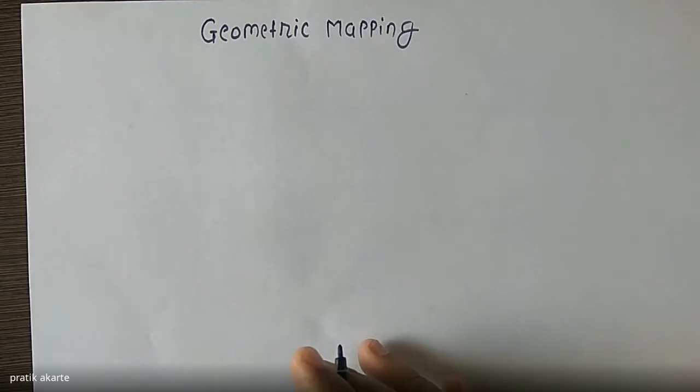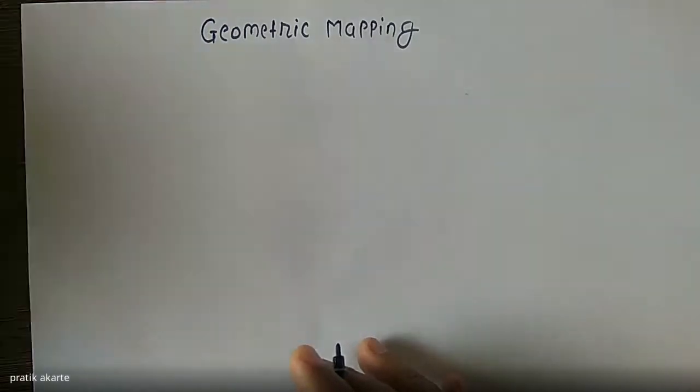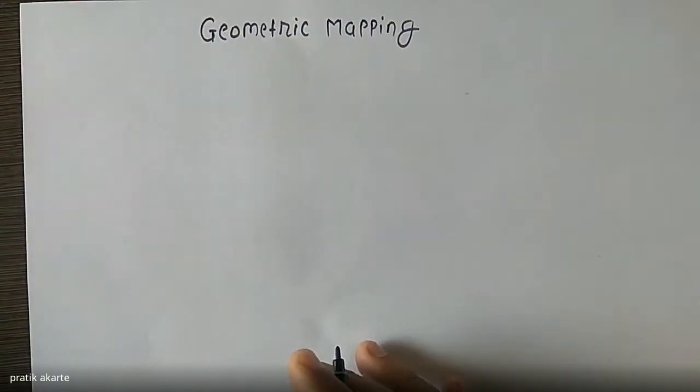Then we discussed various coordinate systems, basically three. First is the world coordinate system, or global or model coordinate system. Second is the user coordinate system, or local or working coordinate system. And third is the screen coordinate system. So we have discussed it in detail.